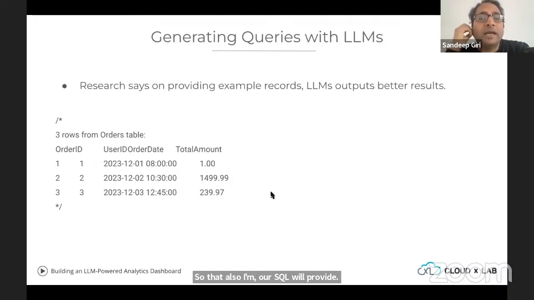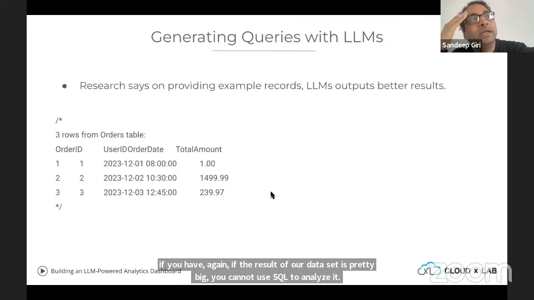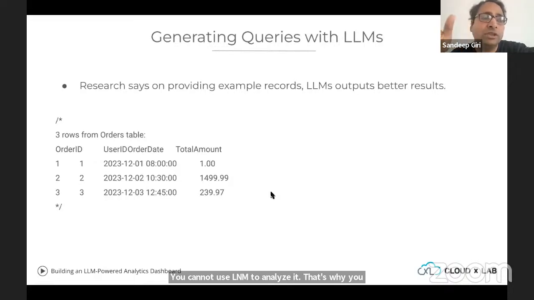And if the result data set is pretty big, you cannot use the LLM to analyze it. That's why you need to use the second or third approach outlined by Shub. The second approach was generating Python code to do the analysis. The third was generating Python code to train the machine learning models.